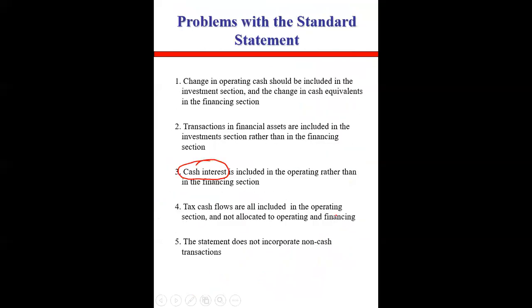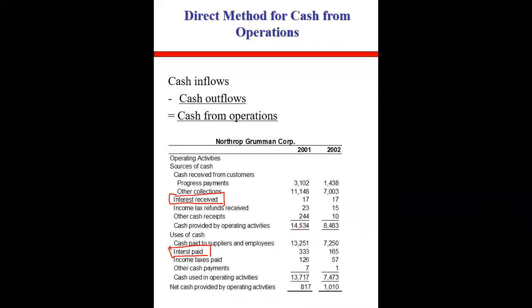Okay. Next problem: tax cash flows are all included in the operating section and not allocated to operating and financing. We talked much about the tax allocation in the reformulation of the income statement. When you have the standard cash flow items, you are making a line item here, income taxes paid.